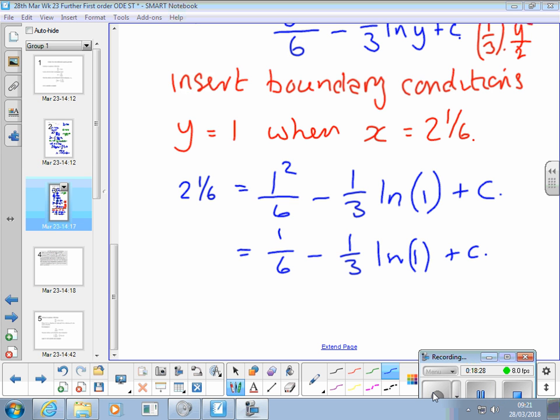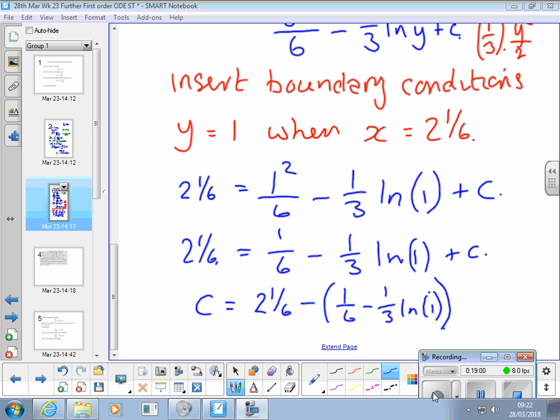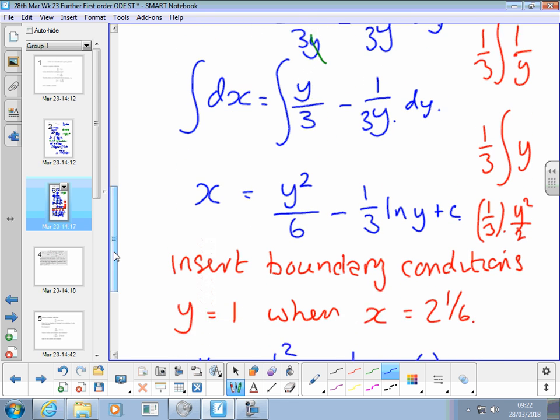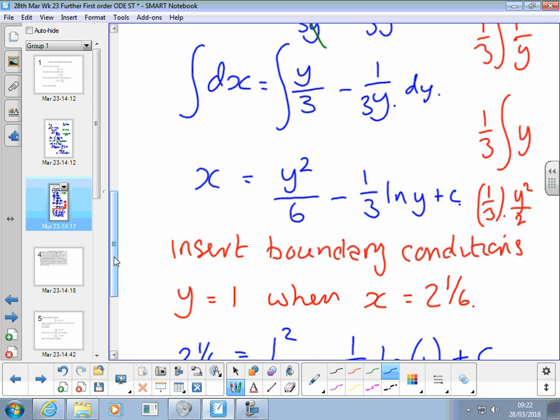You've got to rearrange that to find c. So c is equal to 2 to the 6th minus 1/6 minus a third ln 1. When we integrated the original function, we ended up with the y squared term there.